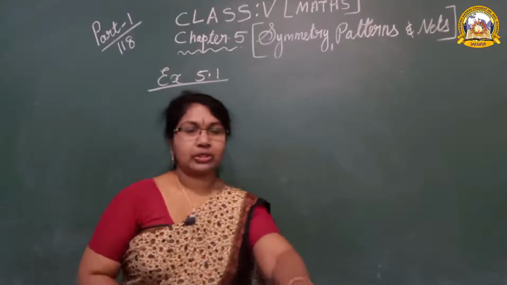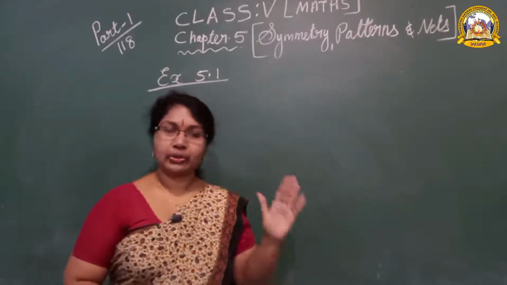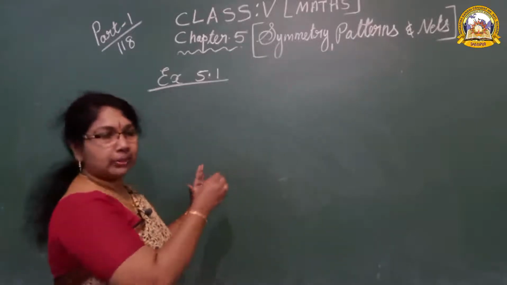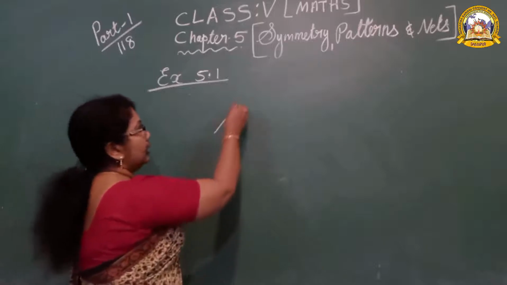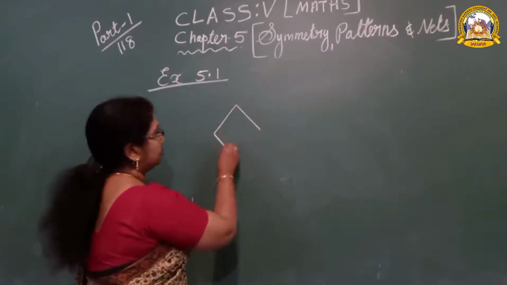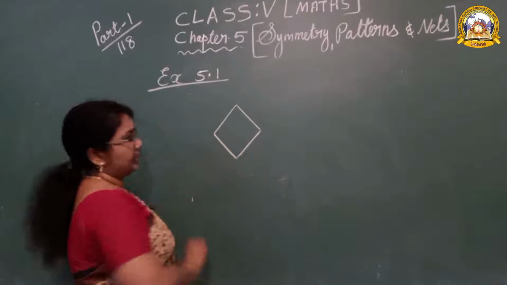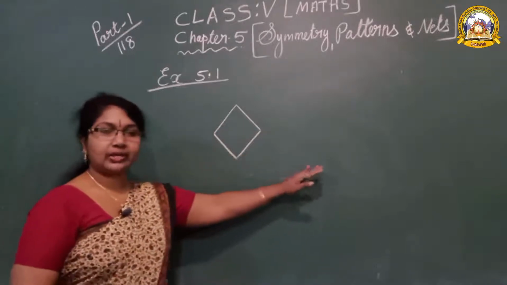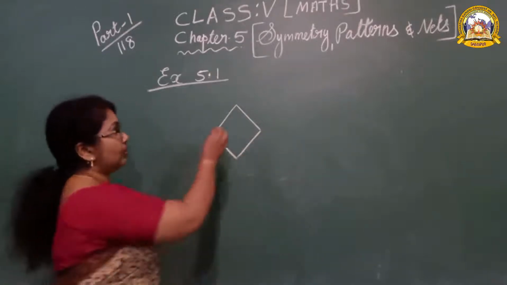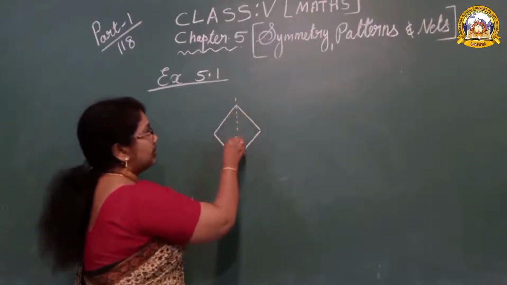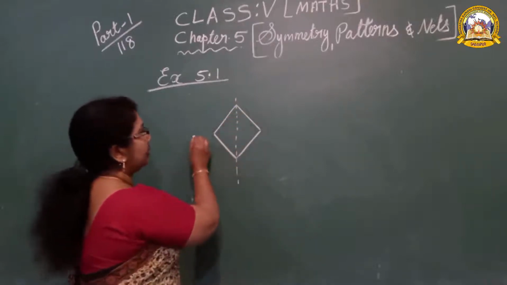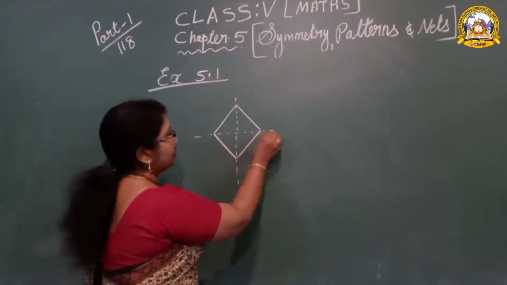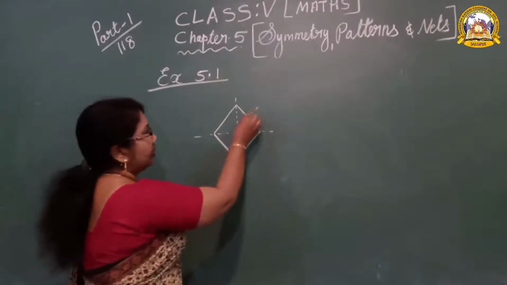Then look, 2-3 figures are given. You have to draw the symmetry line. Question number 1. It is drawn like that. Diamond shape. Draw the line of symmetry. Find the number of lines of symmetry. This is one line of symmetry. It is another line of symmetry. Then you can draw like that.